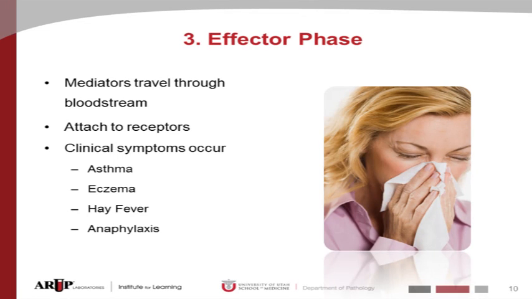And the symptoms of asthma, allergies, hay fever, and anaphylaxis are what now occur. So when those mediators reach their receptors throughout the body, that's when you get the symptoms of hypersensitivity.